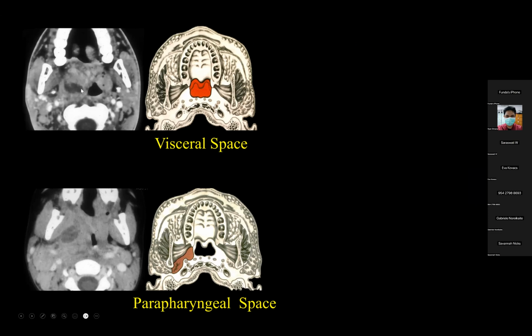But this is a tonsillar abscess, and in this case, notice how the tonsil may be a little bit large, but this abscess is actually mapped to this space right here, which is next to the pharynx. So what do we call the space next to the pharynx? That's the parapharyngeal space. The reason why it's important to separate out the tonsillar abscess from the parapharyngeal space abscess is that if we tell the surgeons that yes, this is a tonsillar abscess, you can drain this through an intraoral approach.